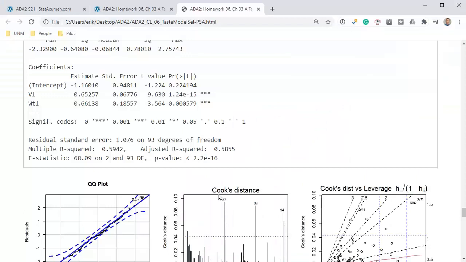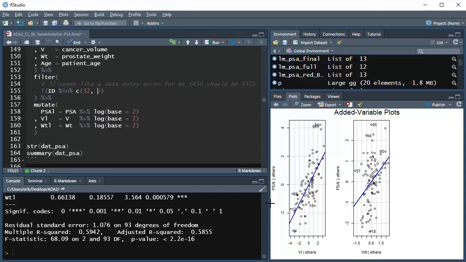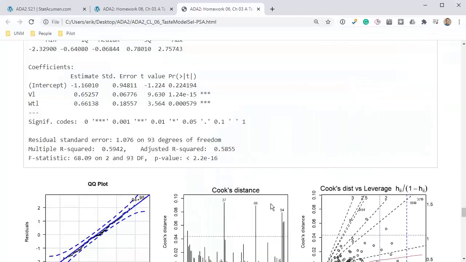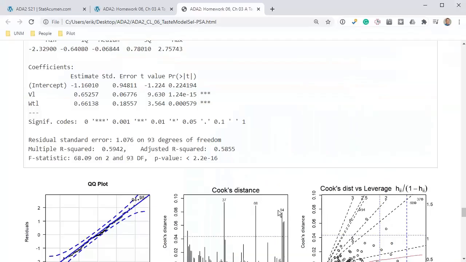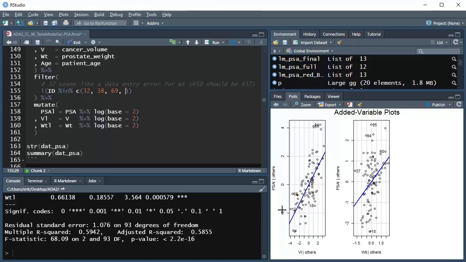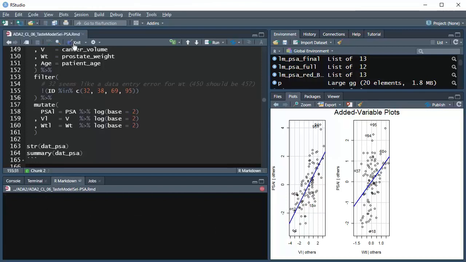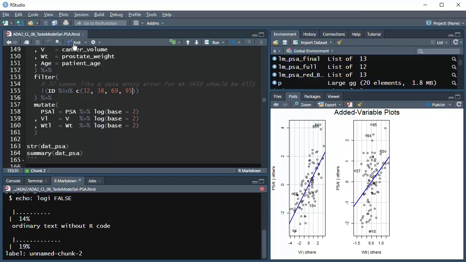So remember, I have to add 1 to 37, and I don't know, should we just do these 3? 94 is not that different. 68. Like I said, I don't feel too bad about these, but let's just check on them. So 38, 69, and 95.